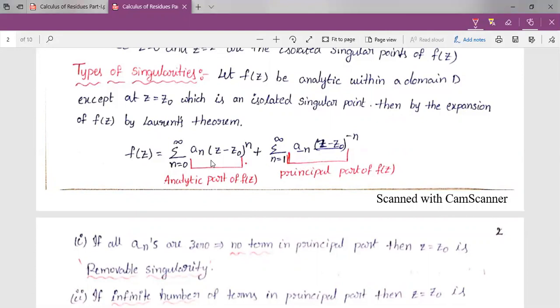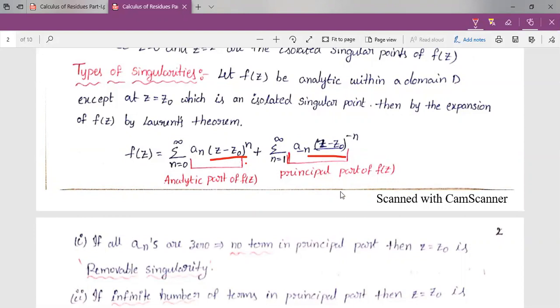One is the analytic part and the other one is the principal part. In the analytic part, we have positive powers of z minus z naught, and the negative powers of z minus z naught are called the principal part of f of z.